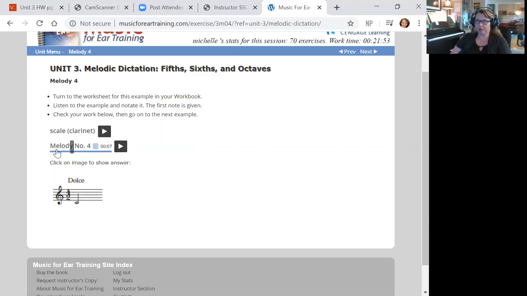Let's figure out the whole rhythm, okay? Please. Here we go. We have a half and a half and a whole. Half note, whole. Hear it again.